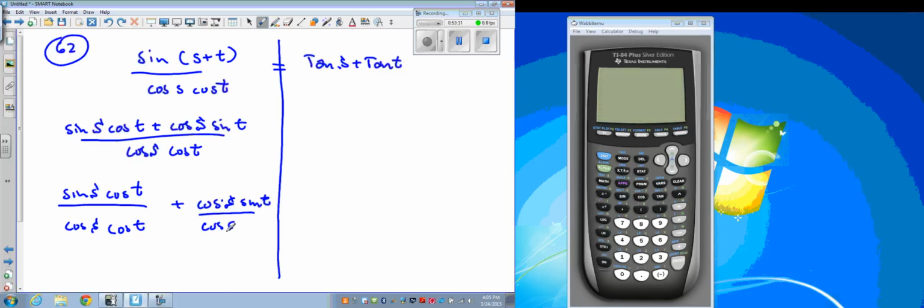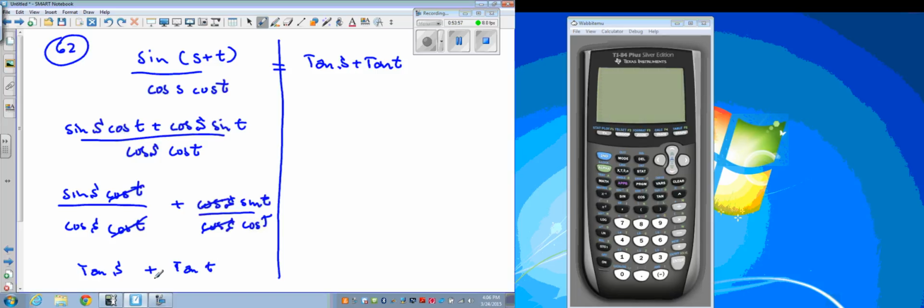You split it out. Now notice that this cosine T cancels, and that cosine S. Now we have sine over cosine, which is tangent S. You see, we're getting it, right? Tangent T.